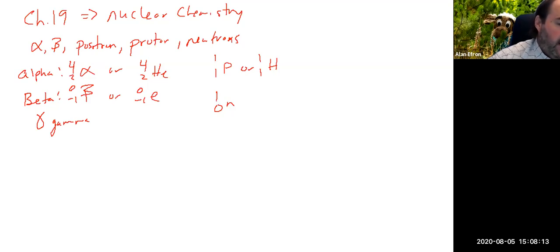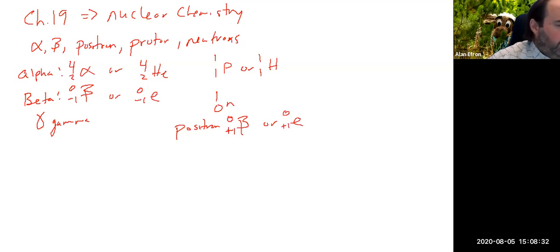Let's see, our positron would also have similar symbols. Also the beta symbol, except that it is a positive one rather than a negative one, or again, the e is used for that one as well.